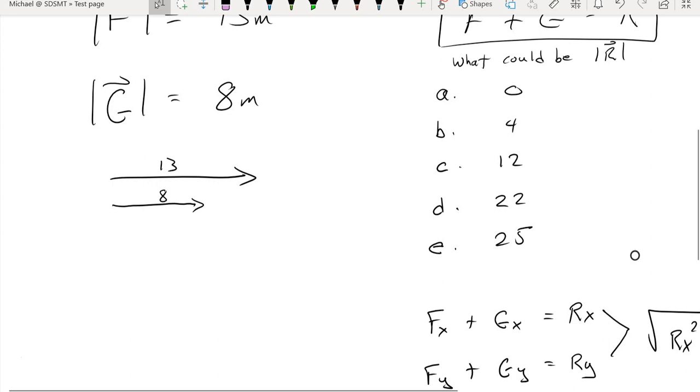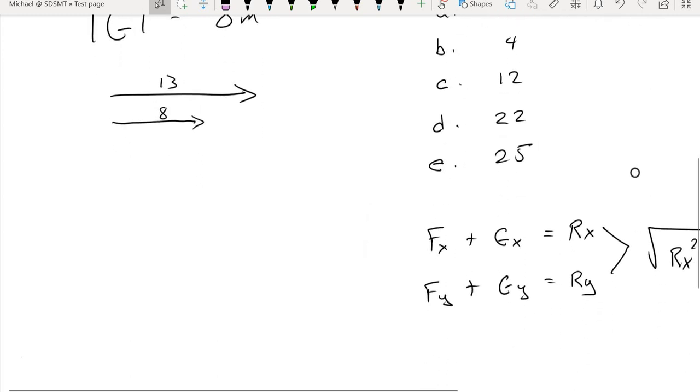What we need to do to answer this is consider all possibilities. What are all of the possible ways that these vectors could be combined? So let's start with the most extreme case. What if we added these vectors together, head to tail, in a straight line? In that case, we would produce a resultant vector of 21 meters.